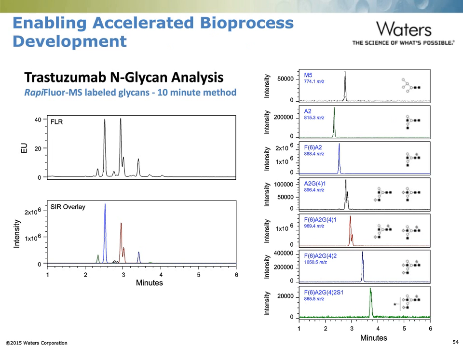We then incorporate the use of the ACQUITY QDa into this analysis. Even though we've lost resolution according to the fluorescence, our ability to do selected ion recording for each of the structures within that sample allows us to quickly assess and do relative quantification for each of the structures that would be of interest, say in terms of process optimization or potentially in a clone selection type of assay, where you'd be looking for specific structures and you really need a quick turnaround in order to get an answer and be able to make a decision moving forward.